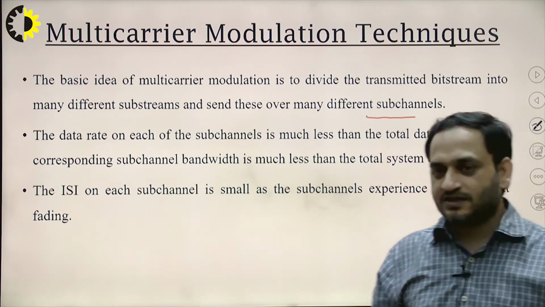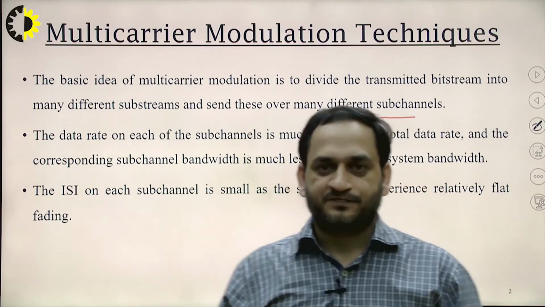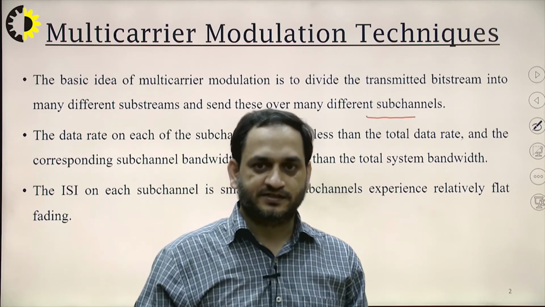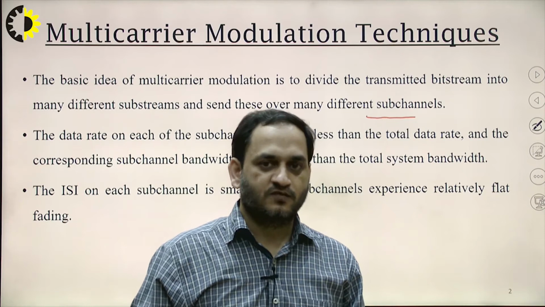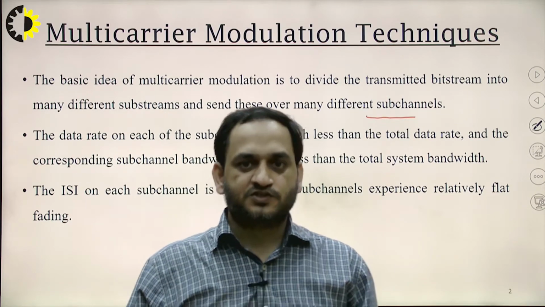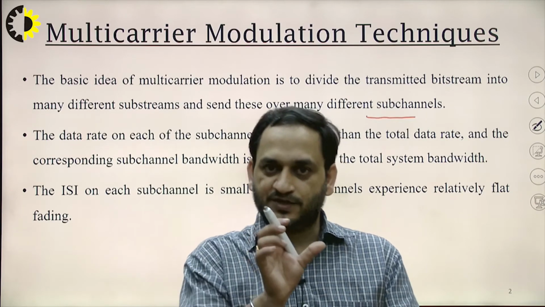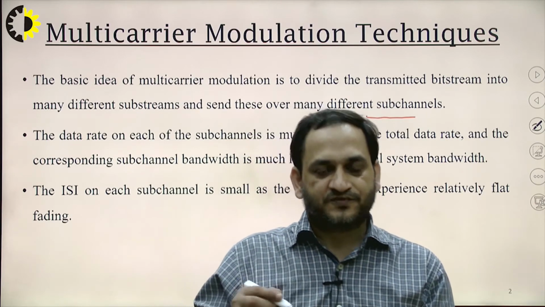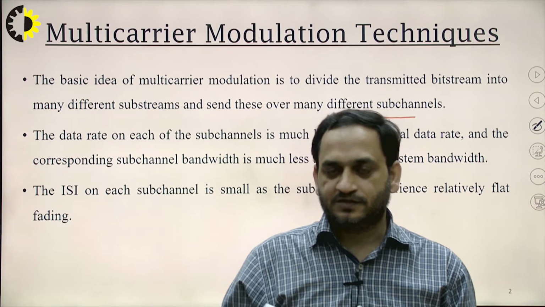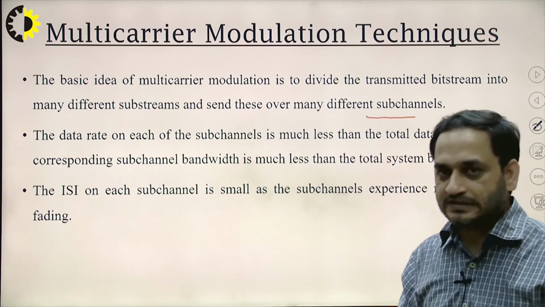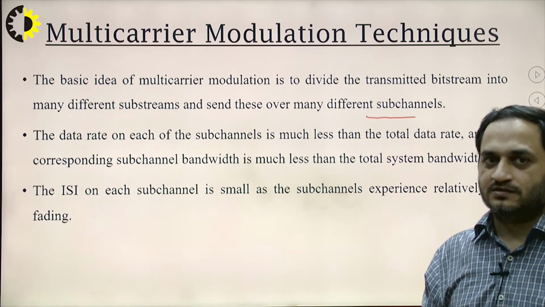As in the single carrier case, we transmit the complete bit stream with very high data rates, but in the case of multi-carrier, we divide the bit stream into small bit streams, send them on different subcarriers, and transmit with very low data rates. This is the basic significance of multi-carrier techniques.